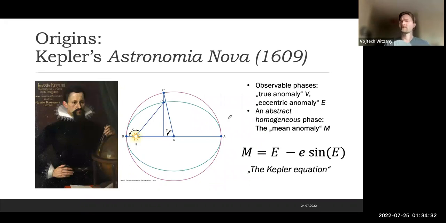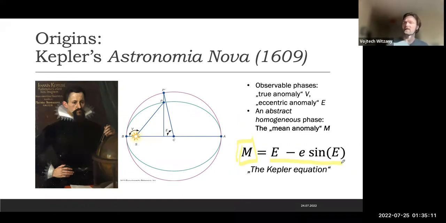The origins of this idea actually go all the way back to the beginnings of celestial mechanics. When you parameterize the motion of planets in the solar system, you can use various geometric phases along the ellipse, but it actually turns out these do not move homogeneously forward in time. So Kepler postulated a homogeneous phase, mean anomaly M, that actually moves forward in time homogeneously, and it fulfills this famous Kepler equation, which cannot be inverted exactly because it's a transcendental equation.